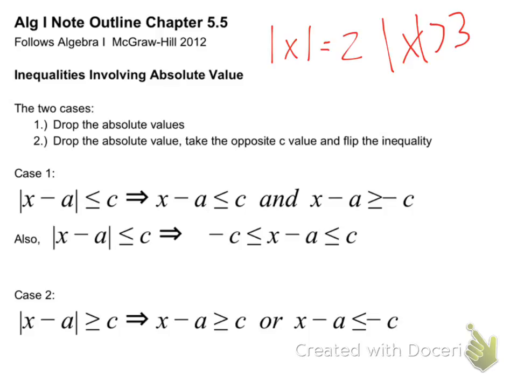What about negative 4, though? Yes, because absolute value of negative 4 is 4, and 4 is now bigger than 3. So, wait a minute. There seems to be multiple answers, but there's also places where there are no answers on the number line. And so we need to take a two-case approach to this.